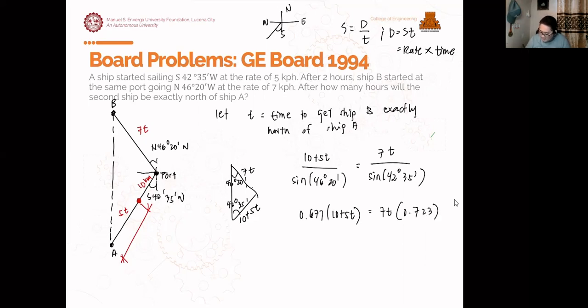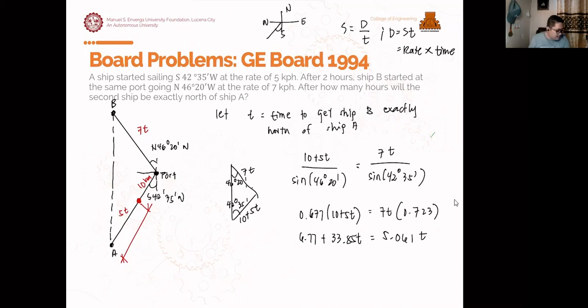Okay? So let's distribute this. This will be 6.77 plus 33.85t is equal to 5.061t. Okay, let's combine like terms. So the value is becoming negative.